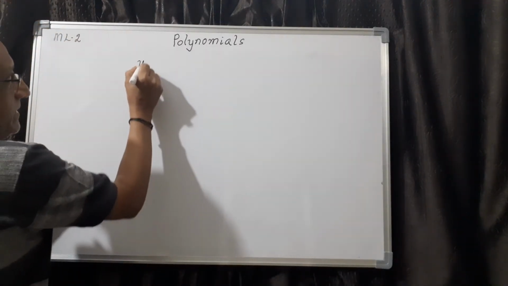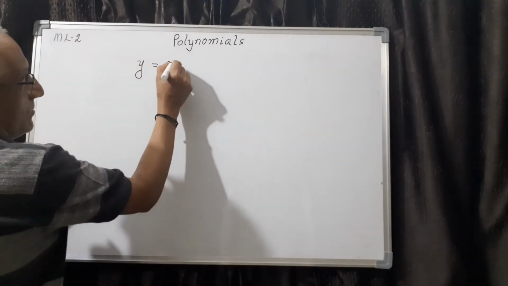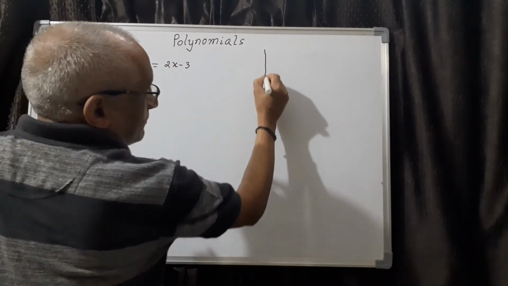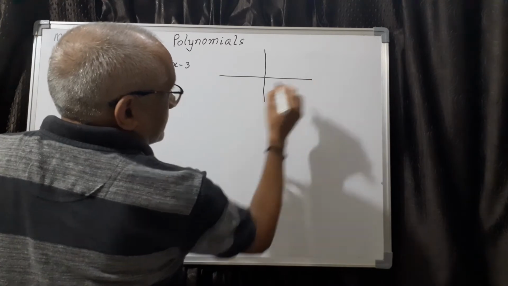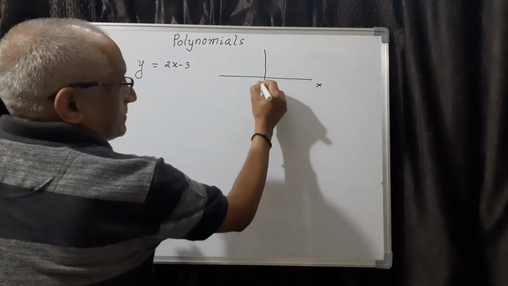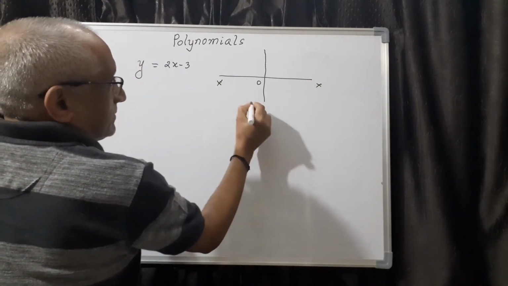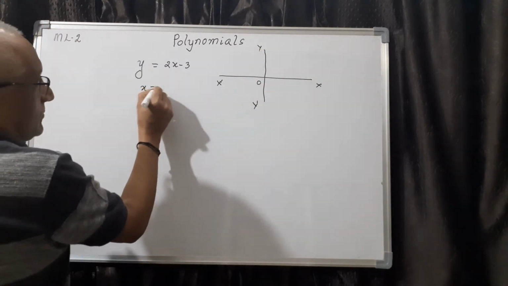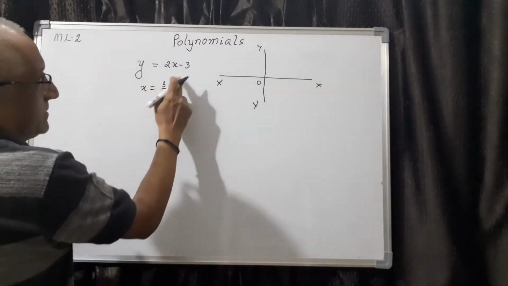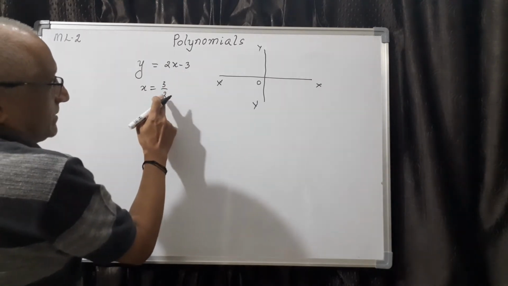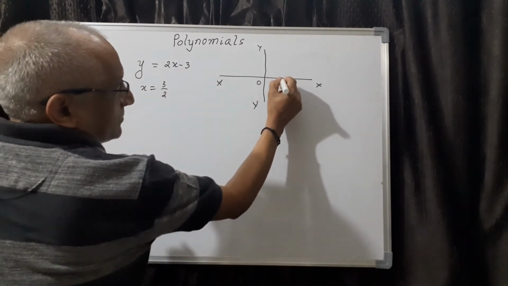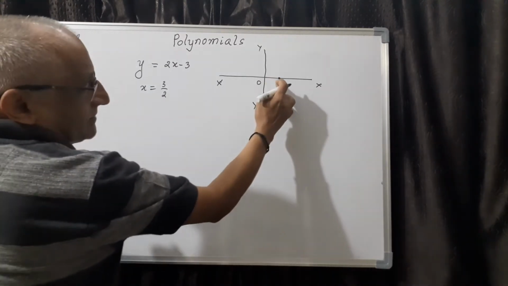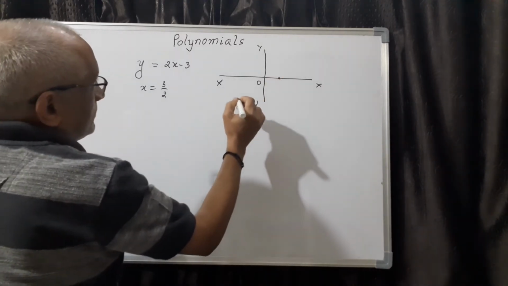For example, if you take y equal to 2x minus 3, then if you draw the graph like this. So here x equal to 3 by 2 is the zero of the polynomial. Suppose you take 3 by 2 here, it cuts the axis here.